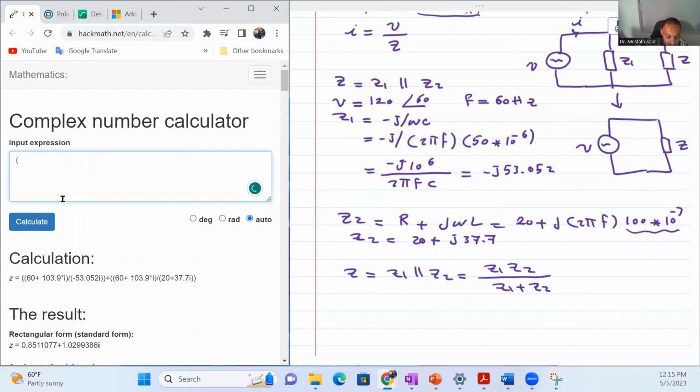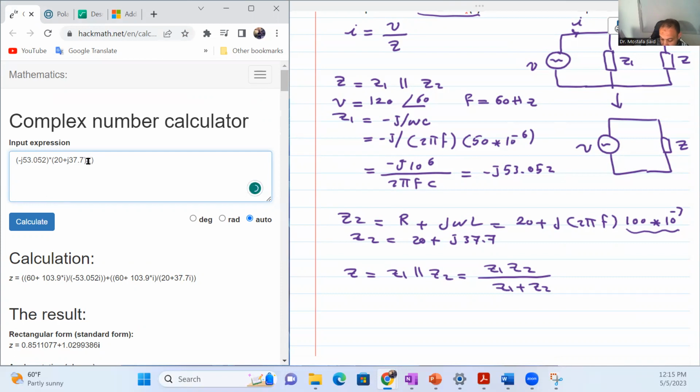So Z1 is minus J 53.052 multiplied by Z2, which is 20 plus J 37.7. And then we're going to divide by the addition.